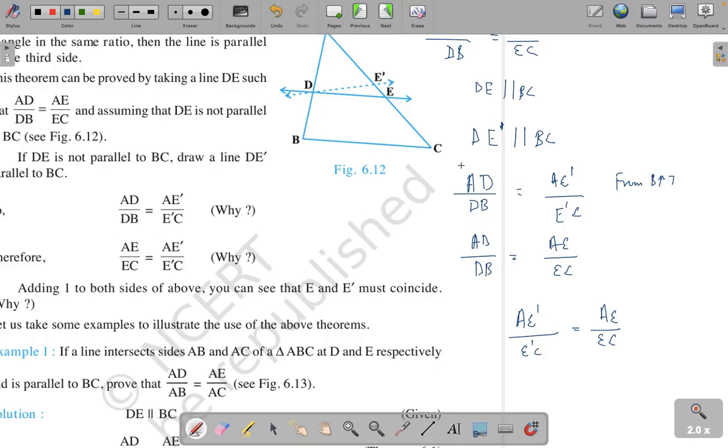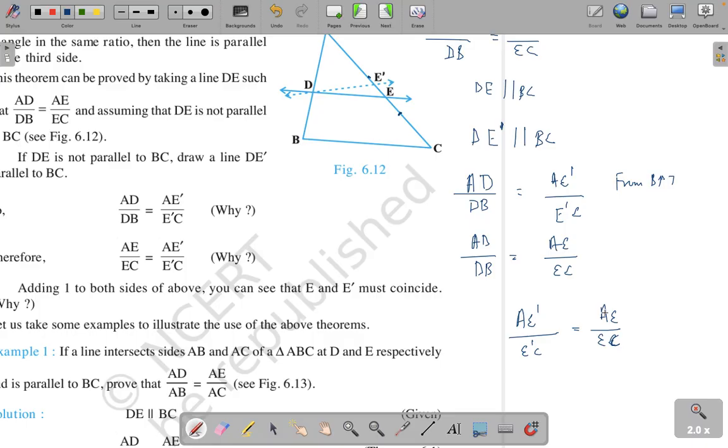They may coincide or they may not. E dash can be somewhere around here, or somewhere around here. It just means the ratio is the same. So for now you cannot comment whether they are the same or not.